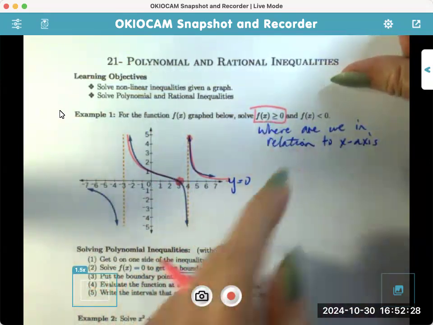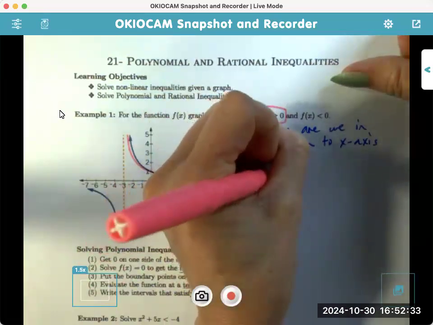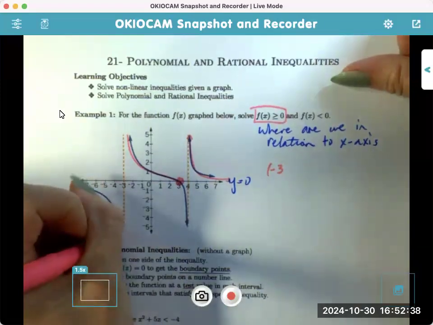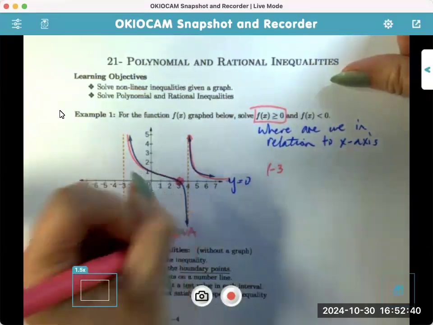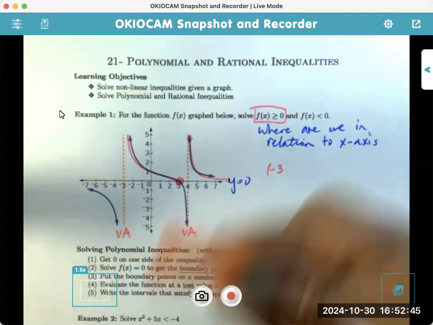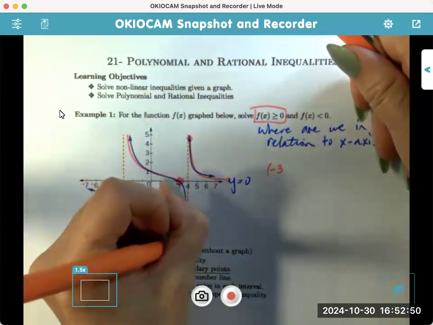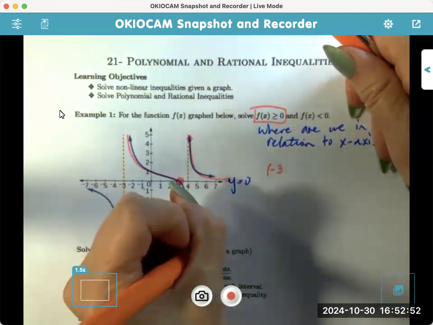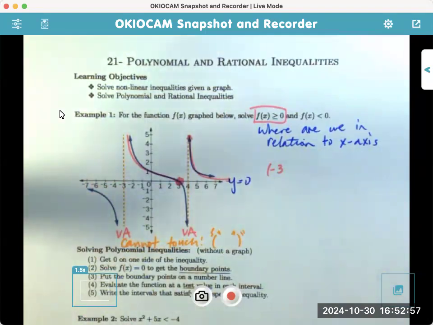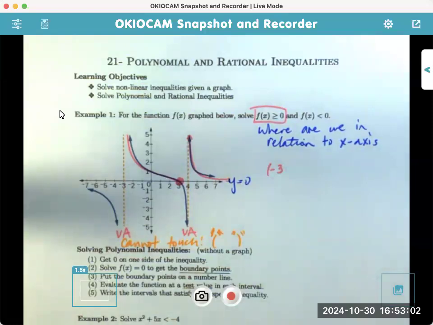So I would just say that we are greater than 0 from -3, making sure we use a parenthesis around -3 because this is a vertical asymptote. These are vertical asymptotes. And remember, we can never touch or cross. So we always use a parenthesis whenever we are talking about a vertical asymptote boundary.